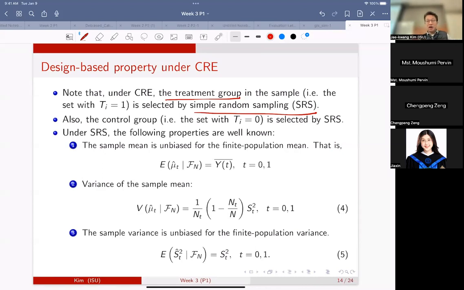If you recall what we covered in the previous class, the sample mean is unbiased for the population mean. That is the first part. And the second is the sampling variance of the sample mean, which can be written as something like that. The formula is using the sampling notation.